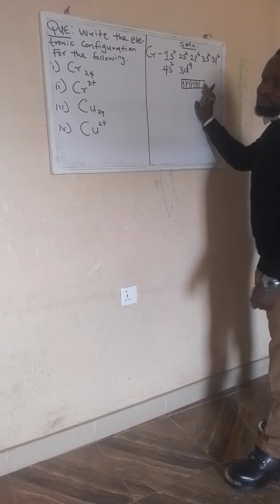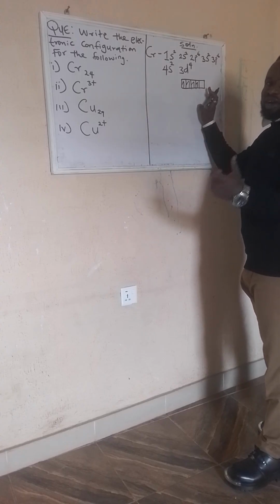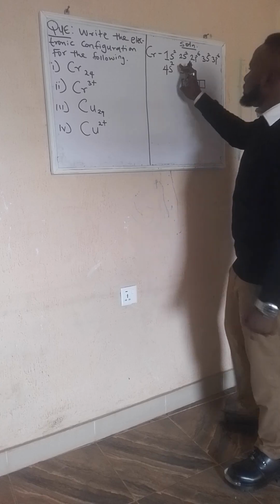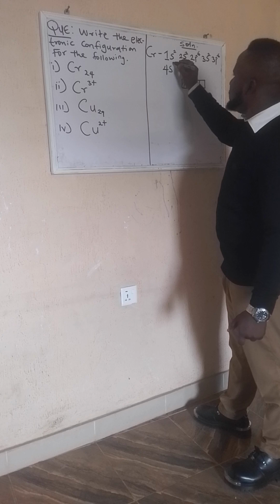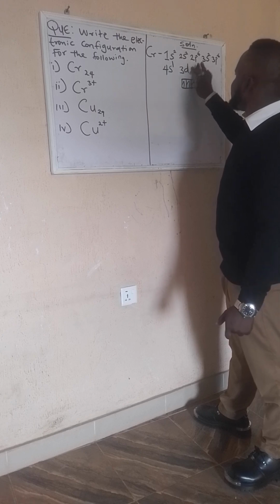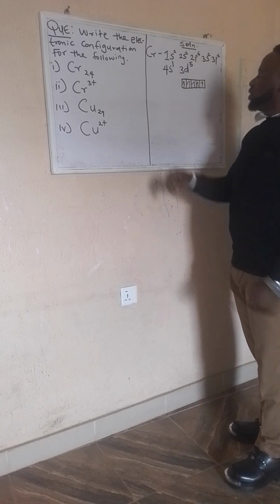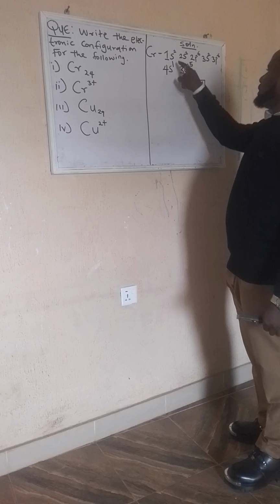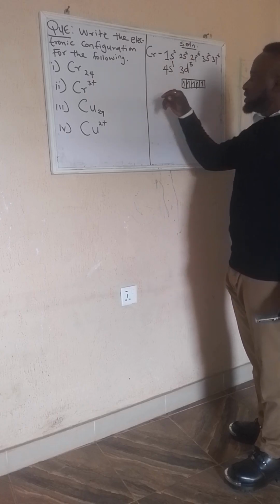Leaving this space empty is not a stable configuration for chromium according to research. Hence, there will be an excitation of one of the electrons from the 4s, making it 4s1, down to this place, and making this one 3d5. So the correct configuration for chromium is like this, and not the way I wrote it the other time.